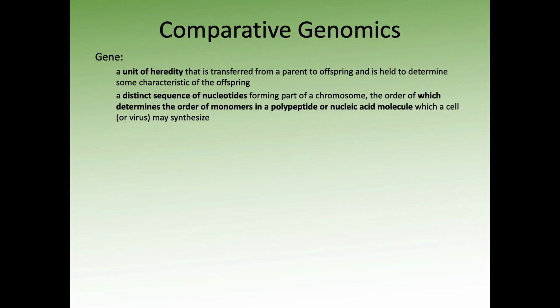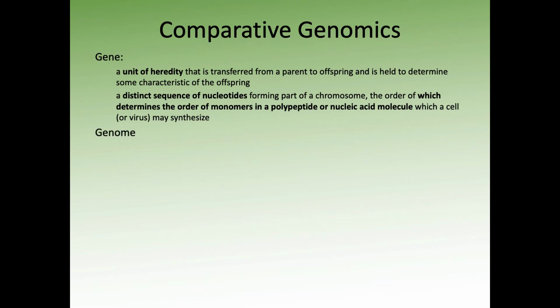We can call it a distinct sequence of nucleotides that form a specific part of a chromosome, the order of which determines the order of monomers or peptides or nucleic acid molecule that a cell or virus may synthesize, right? So we're thinking about the part of a genome that is actually coding for something that has a functional role.